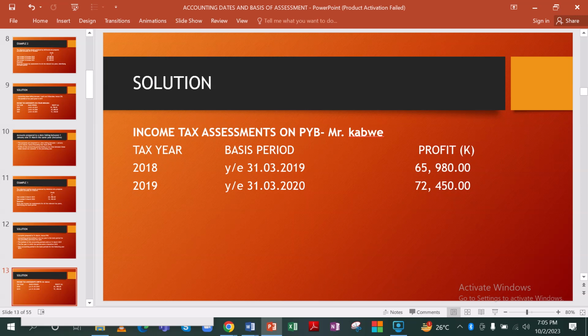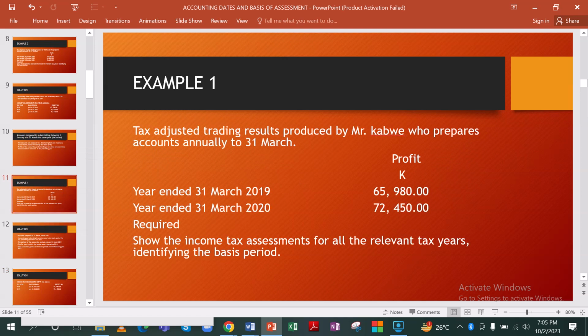Equally, for the year ended 31st March 2020 with a profit of 72,450 as per the question, you see that since it has the year ended 31st March 2020 and it is falling between 1st January and 31st March inclusive in the same year, then we are going to use the preceding year basis.